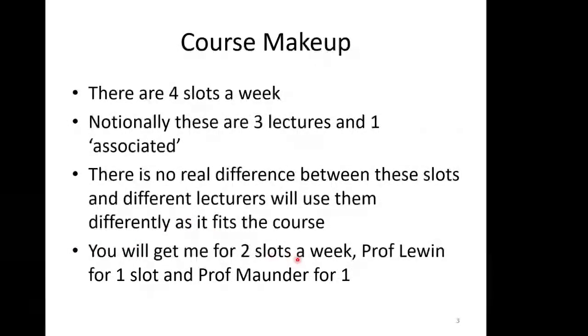There's notionally 4 slots a week. Normally these will be 3 lectures and an associated session, but effectively now we've turned them into 4 lectures, as you probably realised. No difference between those slots. Basically, we're running parallel. You've got 2 slots with me, 1 with Paul Lewin, and 1 with Rob Maunder in the week.